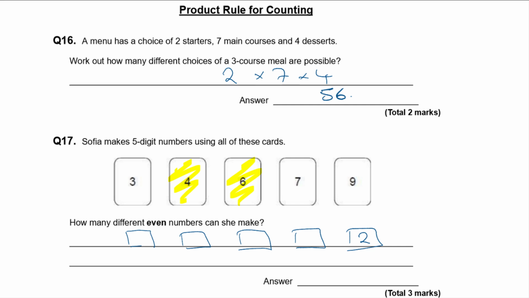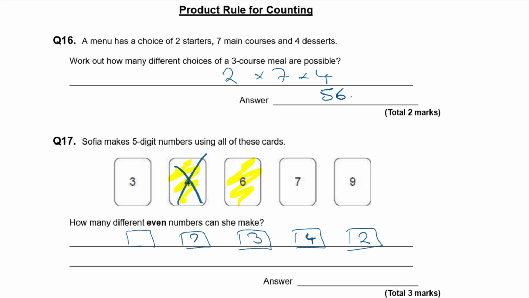Now, regardless if I pick 4 or I pick 6, I'm going to have 4 selections for my next one. Let's say I pick the 4, then I've got 3, 6, 7, 9, 4 selections for the next one. If I didn't pick the 4, I picked the 6, I'd have 4 different selections for the other one. Okay, so then picking another one, that leaves me with 3 selections.